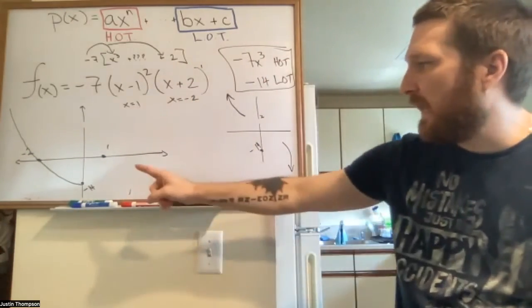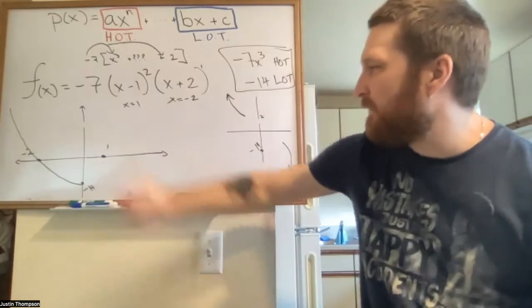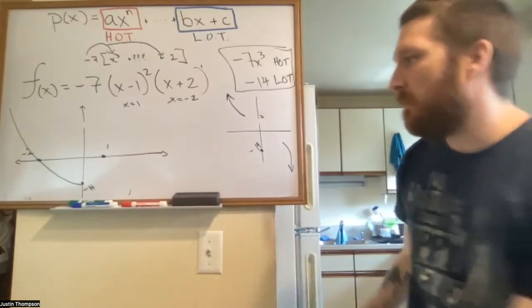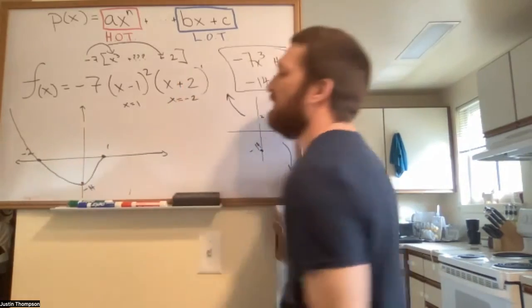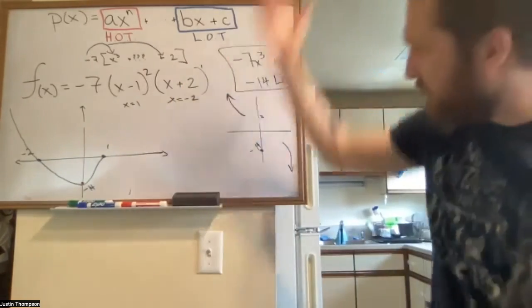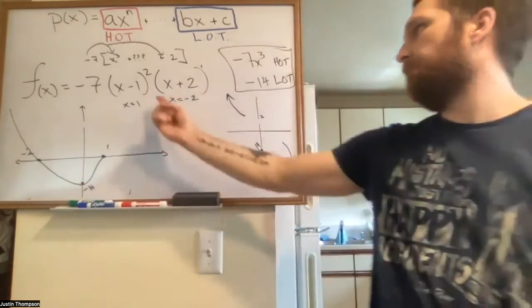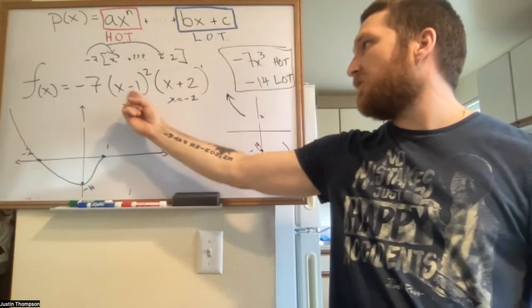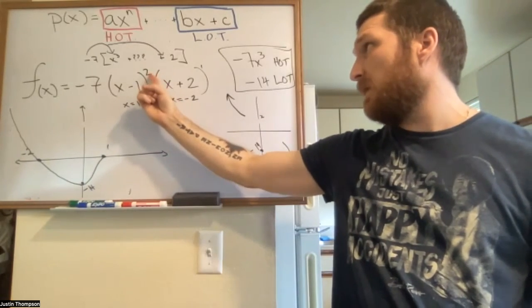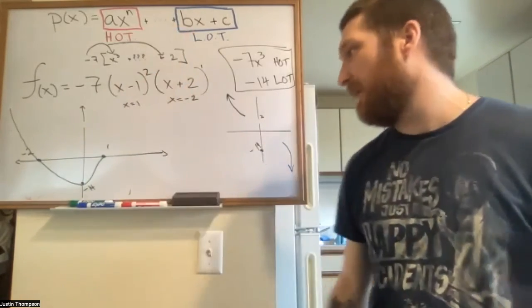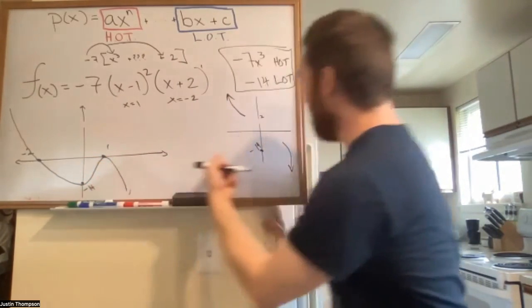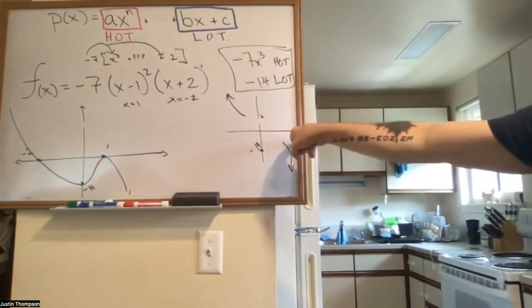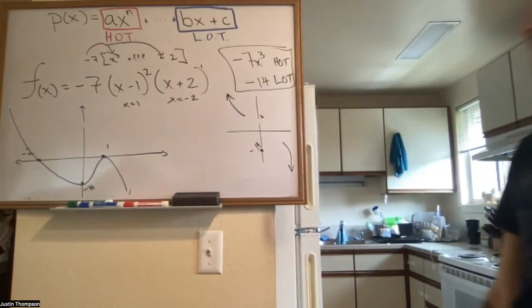And then, okay, he's got to make his way back up to 1. And then the question is, does he go through or does he bounce back? Well, 1, that term is an even power. It's squared, so he has to bounce back down. And then I look back over here and say, oh, yep, he's going to have to continue down forever and forever.